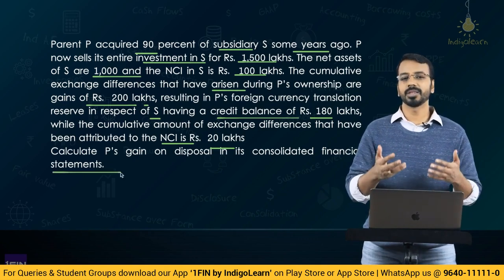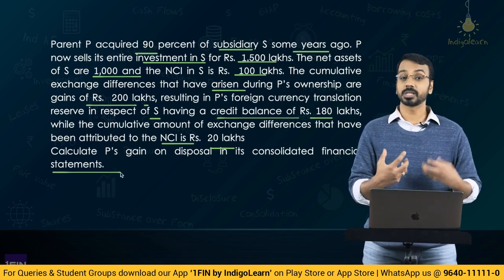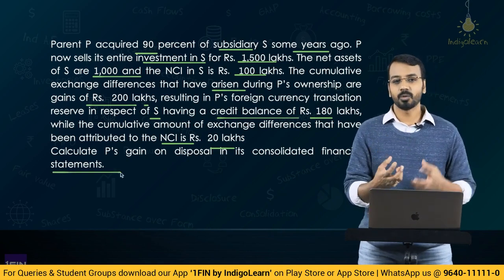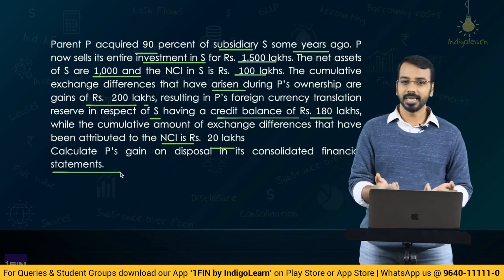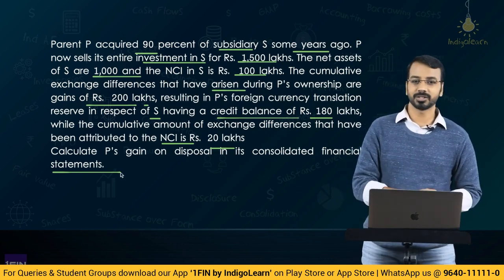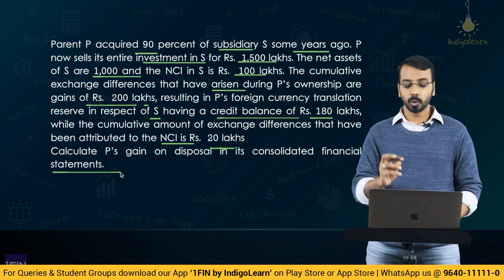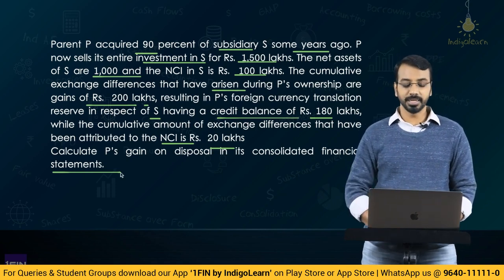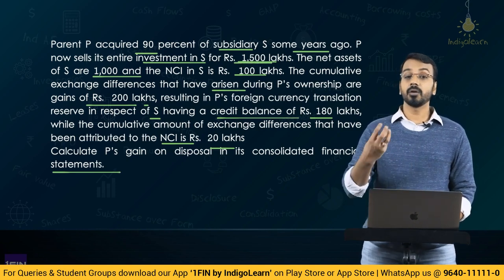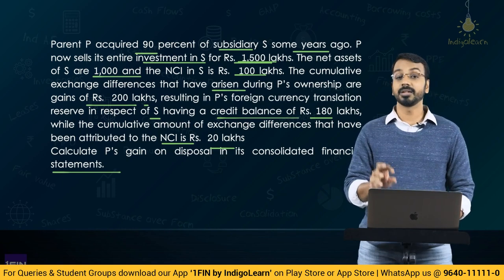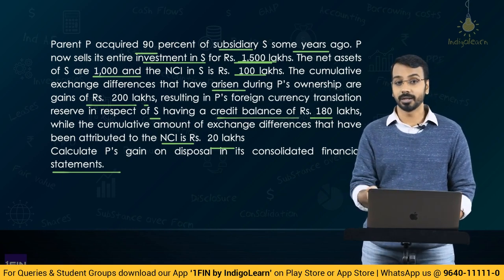Now, one quick method to calculate the gain is to see what did we sell, what is the value of those things that we have sold. The difference will be the gain, and of course the reclassification from OCI to P&L. So a quicker way is: sale value is 1500, the share of P is 90% and the net assets are 1000, so it comes to 900.